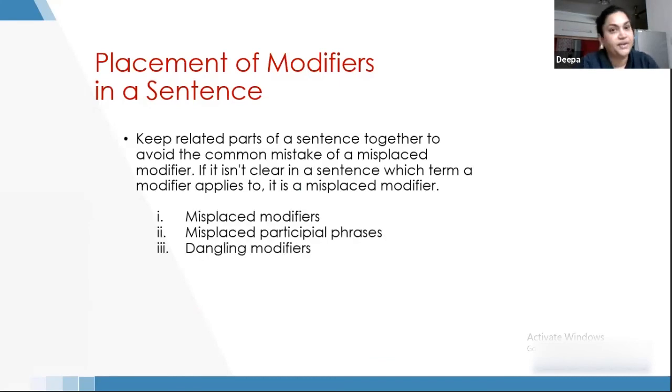These are three things that are really important: the misplaced modifiers, misplaced participle phrases, and dangling modifiers. We need to understand what they are, and they really play a vital role on your SAT test because they'll be complex sentences, they'll be in the form of a paragraph, and you need to understand which one is going right with what.